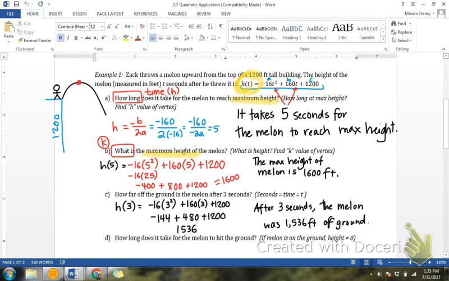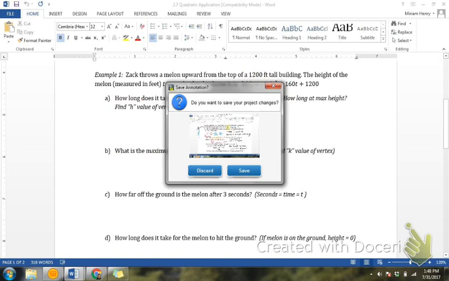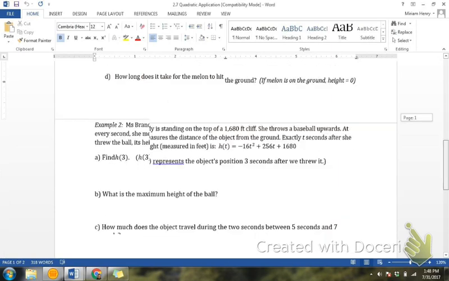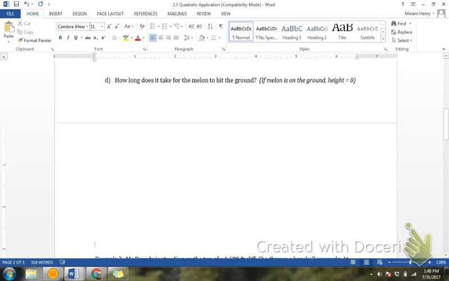Right? So if the melon is on the ground, the height is automatically 0. So anytime you see hit the ground, make yourself a note. It means your height is 0. And so that whole h of t thing becomes 0.